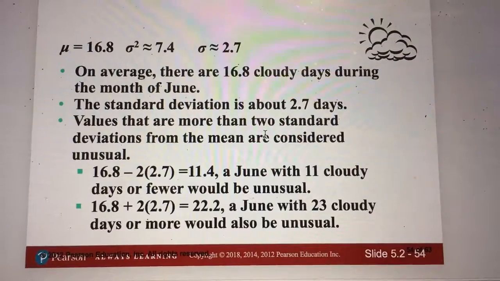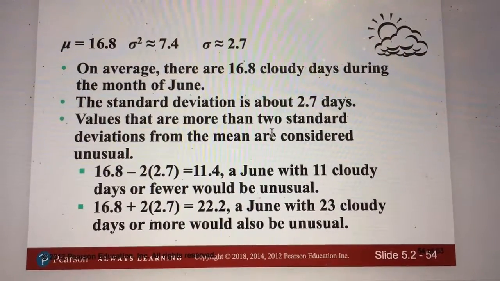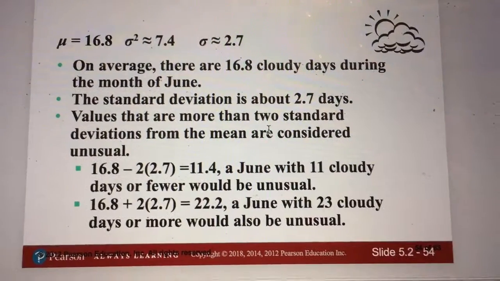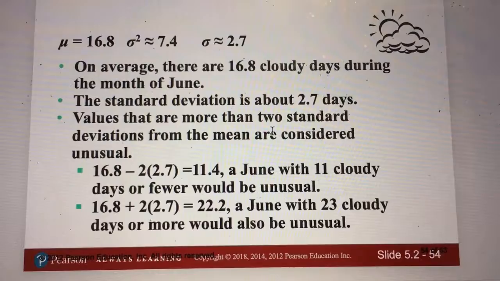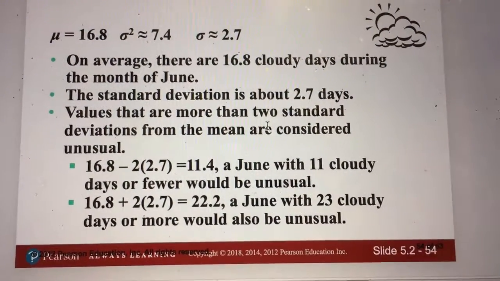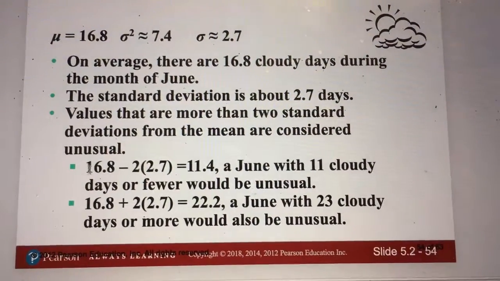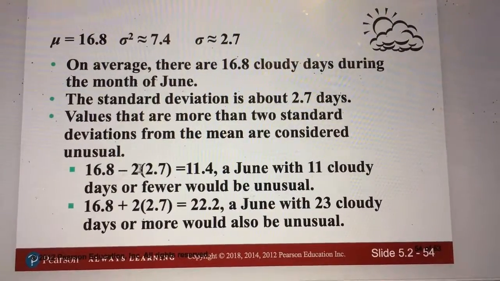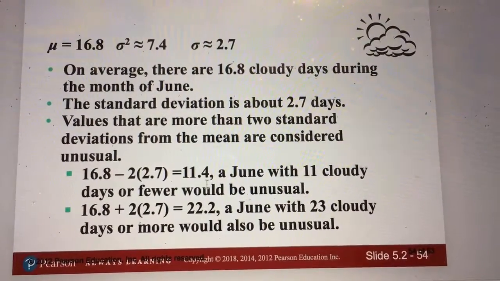Okay, so on the average, there are 16.8 cloudy days during the month of June. The standard deviation is about 2.7 days. Values that are more than 2 standard deviations from the mean would be considered unusual. So here they're showing you what that value would be. 16.8, the mean, minus twice 2.7, the standard deviation, would give you 11.4.